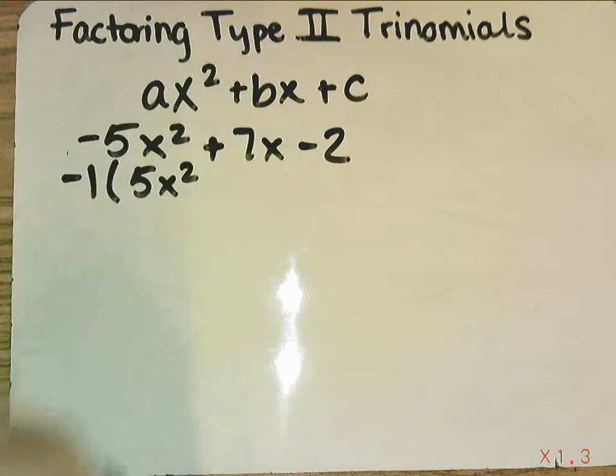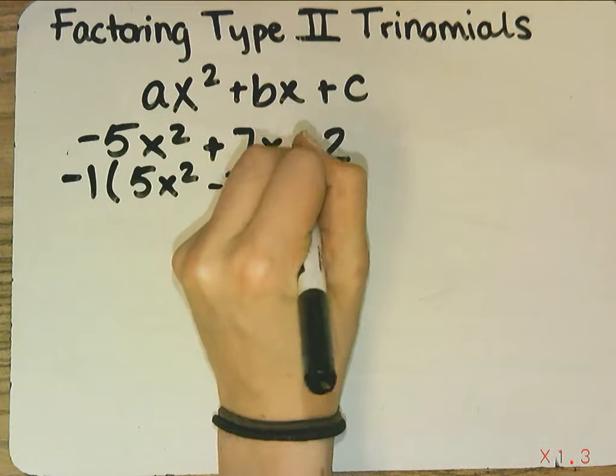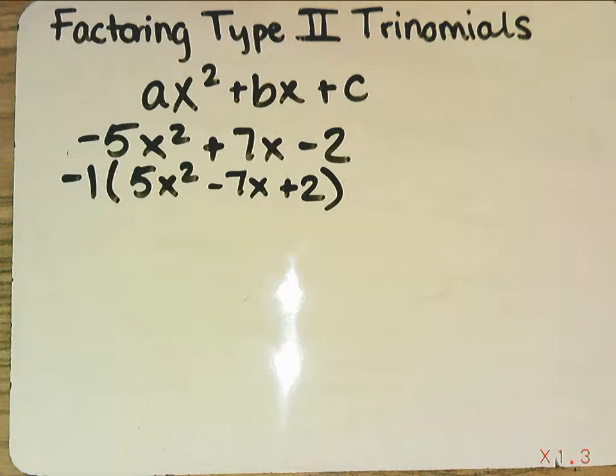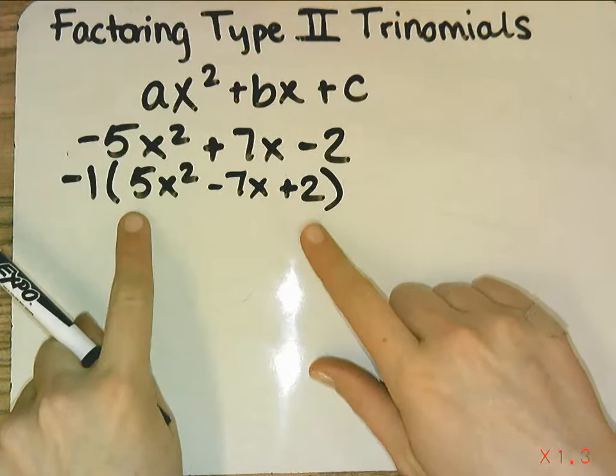So when I do that, I'll have -1 times the quantity of 5x squared minus 7x plus 2. Now I cannot lose my -1. My -1 stays there the entire time. Otherwise, I would not end up with an equivalent factored form to my polynomial. Okay? So now I'm going to look just inside my parentheses, and I'm going to factor this trinomial.